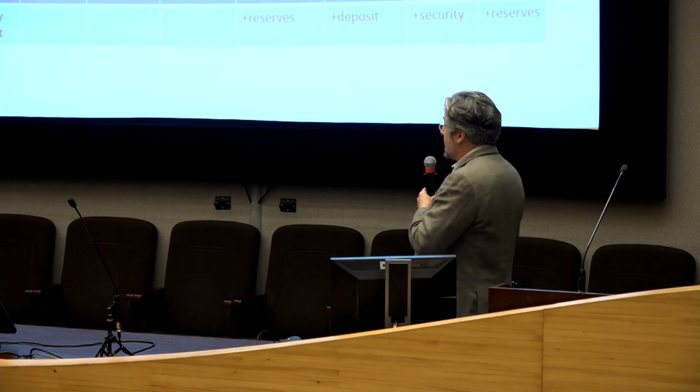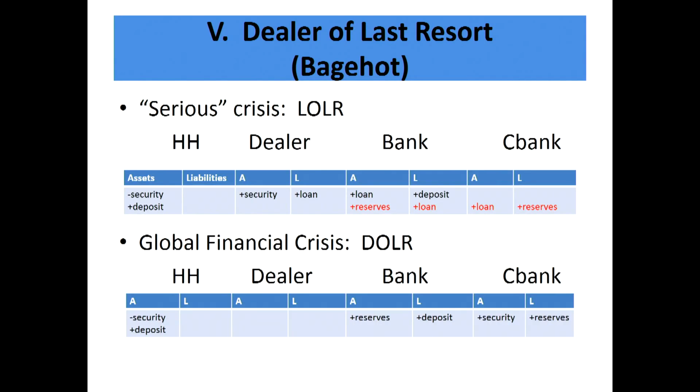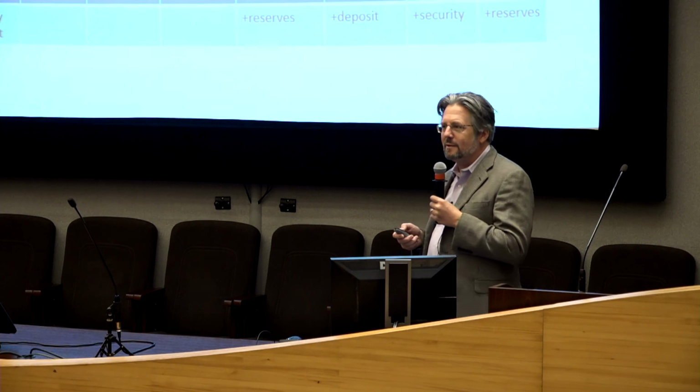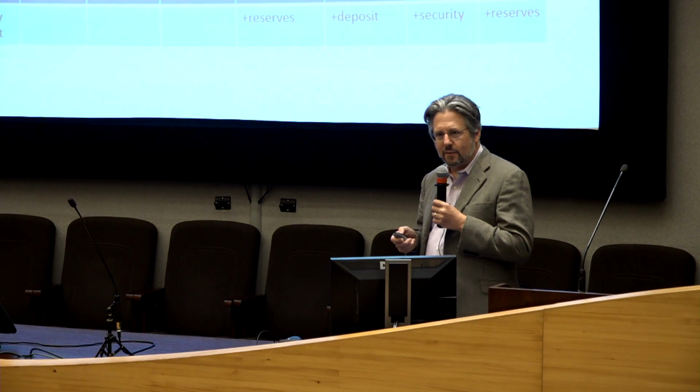Then the central bank steps up. And if the dealers are unwilling to expand their balance sheets, perhaps because the bank is unwilling to expand their balance sheet, the central bank gives a little word to the banks. It says, we will lend freely to you, if you will lend freely to the dealers, if they will support this market for the time being.